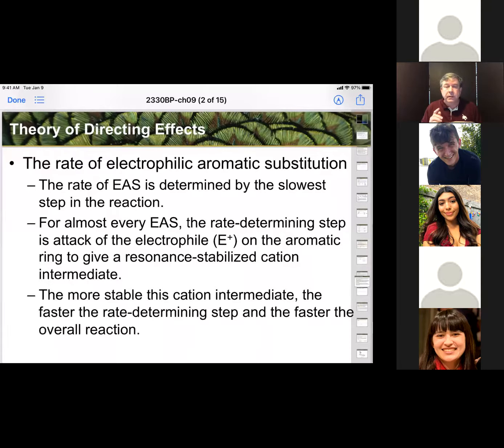That means that the positive charge that goes around the ring is going to play a major role in those directing effects. Is that positive charge stabilized by electron donation? Then it directs it one place. If it is not stabilized by electron donation, it's going to show up somewhere else. And let's take a look at that.